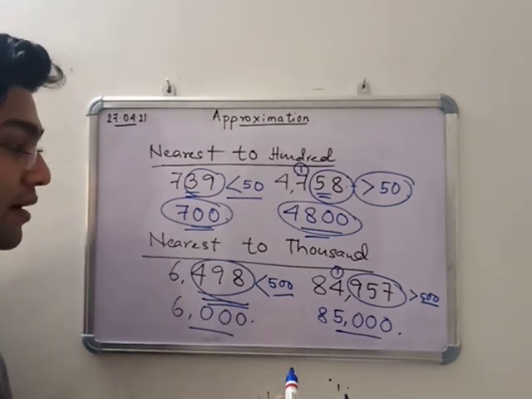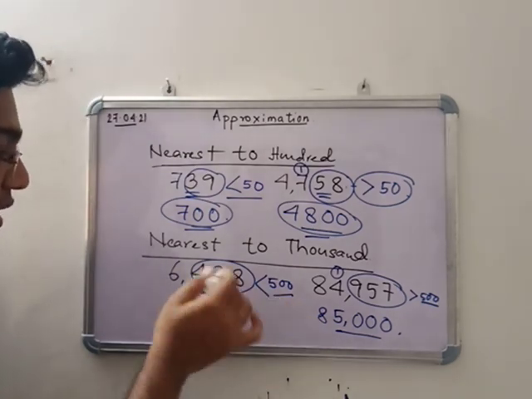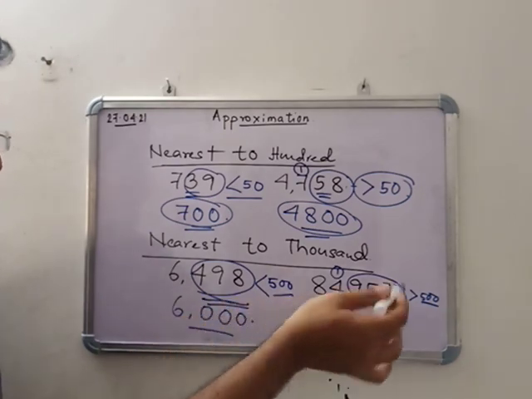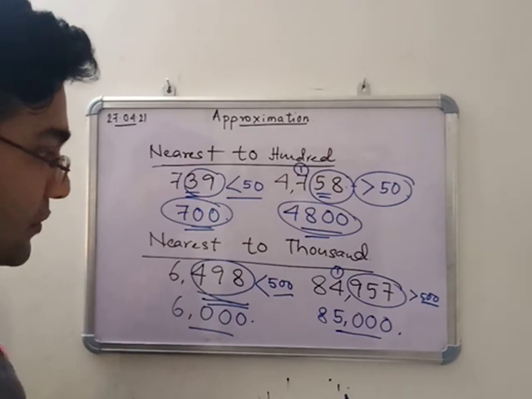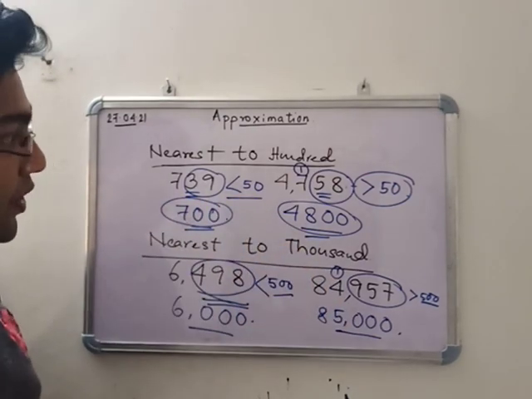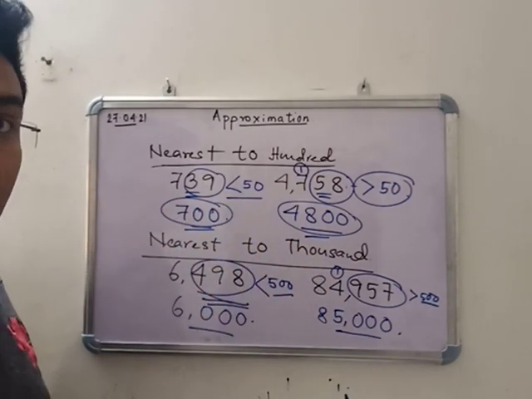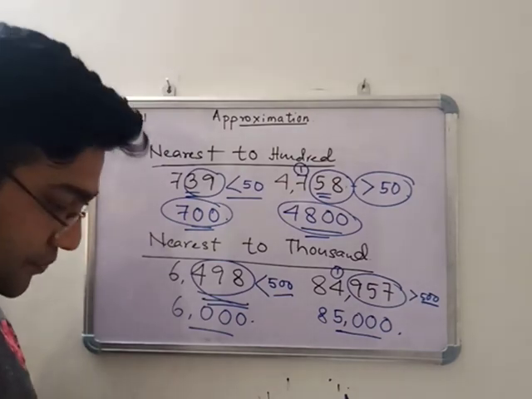If not greater than 500, the rest remains the same. If greater than 500, then 1 will be added over there. This is the blueprint of rounding numbers.